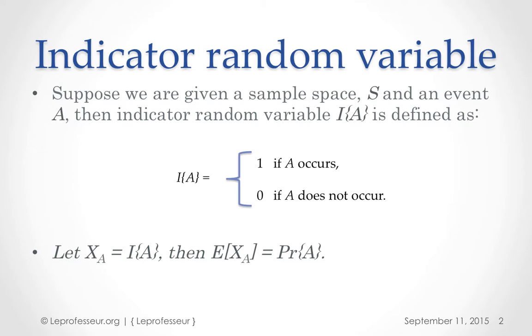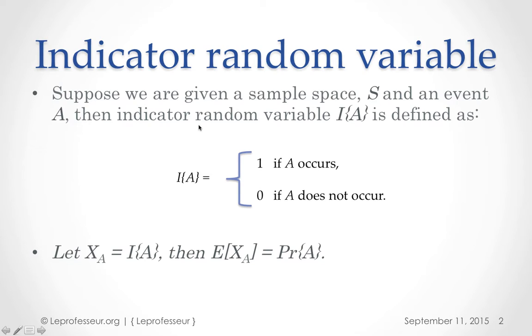Let's say we are given a sample space S and an event A. Then the indicator random variable IA is defined as IA equal to 1 if event A occurs, and IA equal to 0 if event A doesn't occur.